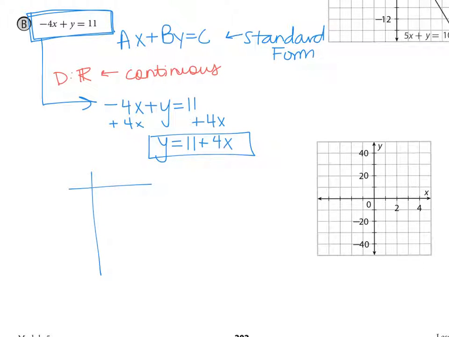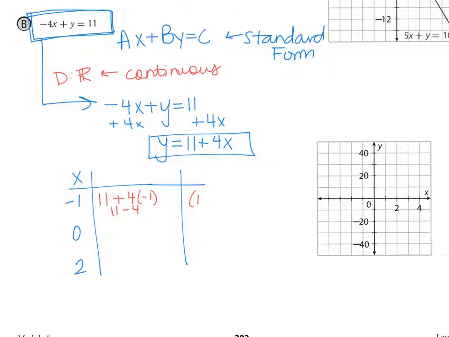And we can pick any x values that we want to. We said it's always good to probably pick a few positives and a few negatives. So I'll pick -1, 0, and 2. I'm honestly just picking a few different values. So we're just plugging in 11 plus 4 times -1. That's 11 minus 4, which is 7.